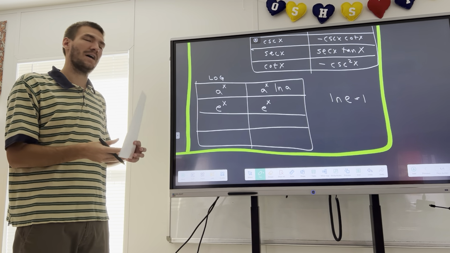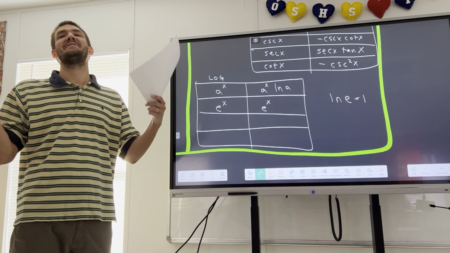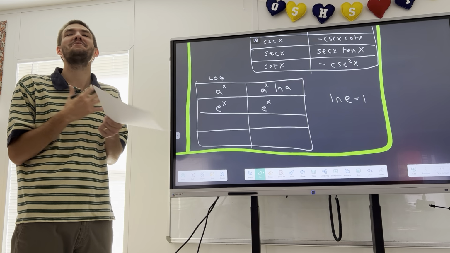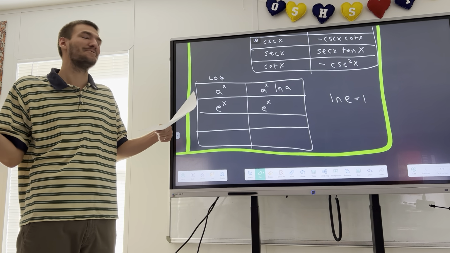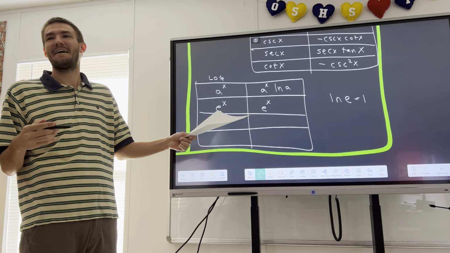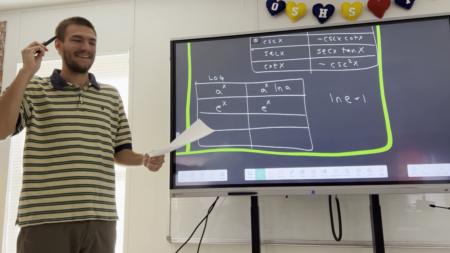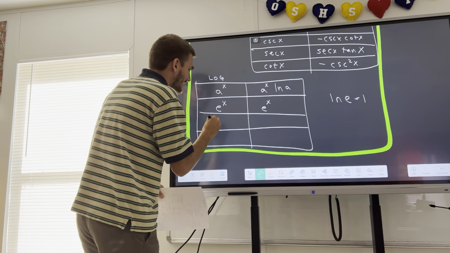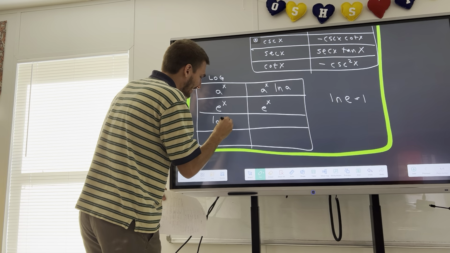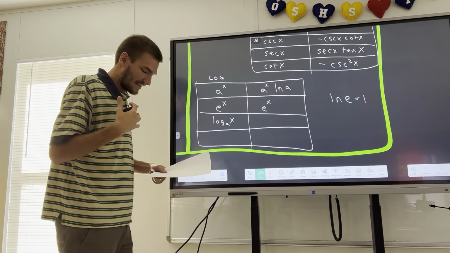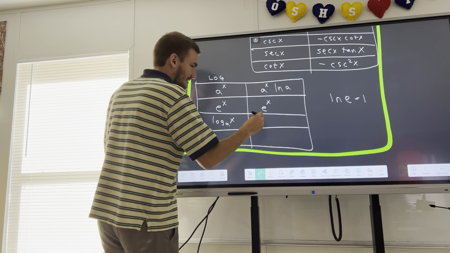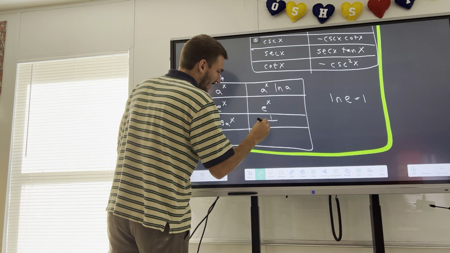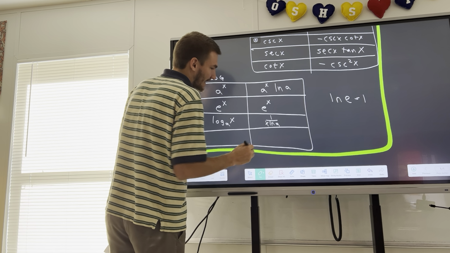When we're doing problems, e to the x is a dream, because you literally don't have to do anything. Take the derivative, cool. I can take the derivative 500 times in a row for you if you want. Okay, the log base a of x, kind of ugly, is 1 over x ln a.